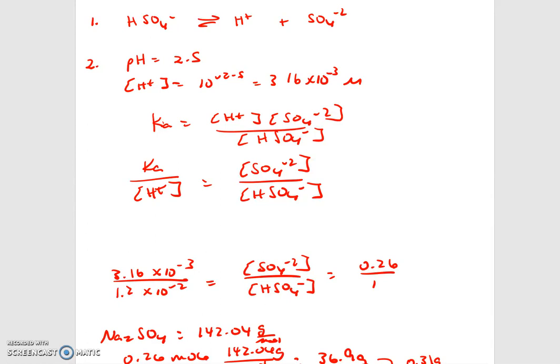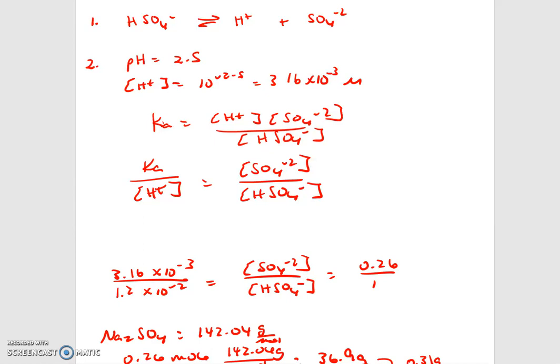So if my pH is 2.5, I want to find out what my hydrogen ion concentration is. So I'm going to take 10 to the negative pH, or 10 to the negative 2.5. So that'll give me 3.16 times 10 to the minus 3 for my hydrogen ion concentration. Next, I'm going to take my Ka expression, which is the products over the reactants.